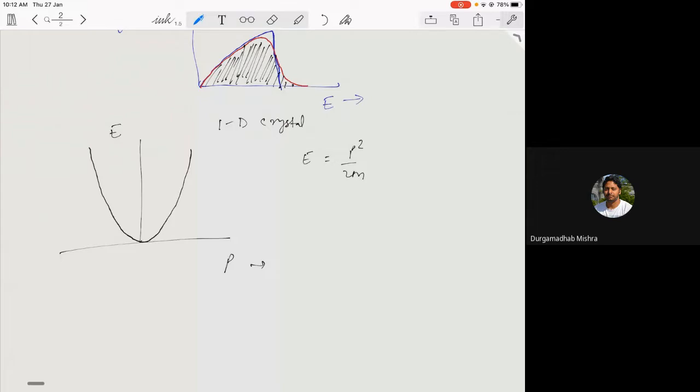If you plot E as a function of momentum, for a one-dimensional crystal you will have such a dependence.